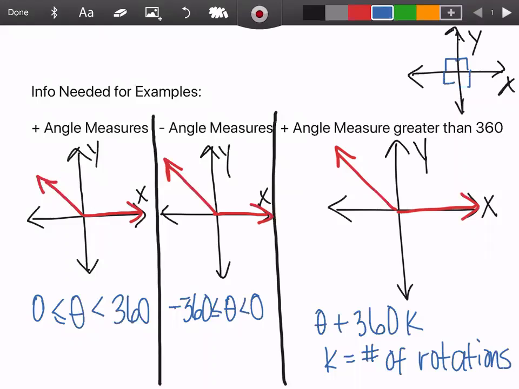And if we were to start at 0 here and go up to where we have the positive y-axis, that would be a 90-degree angle. If we kept going to the negative x-axis, we have 180 degrees. And then if we go further down to the negative y-axis, we have 270 degrees.